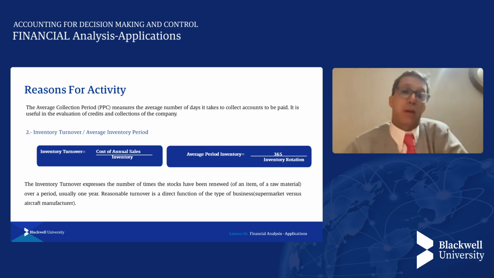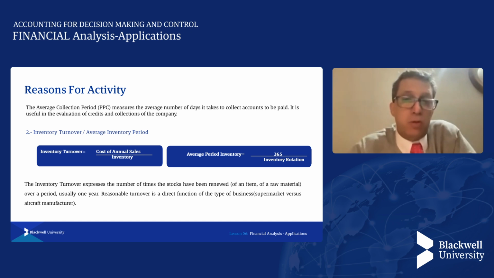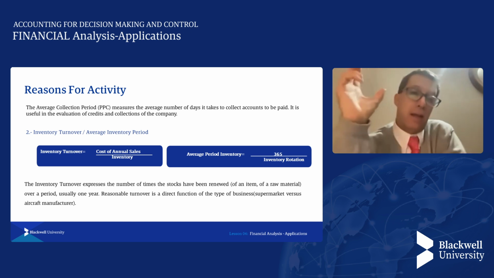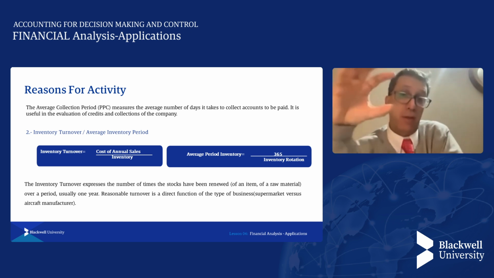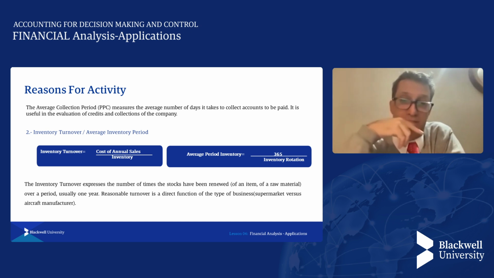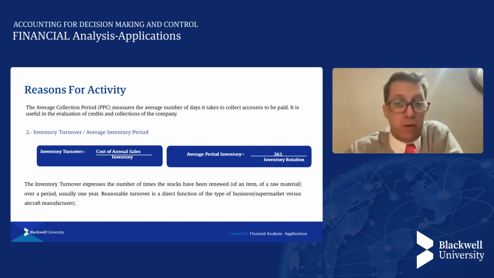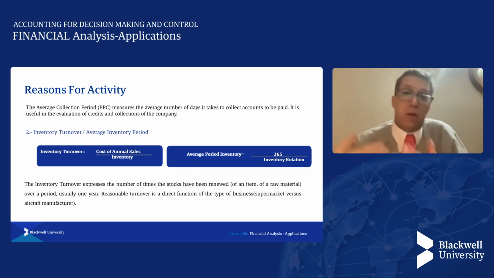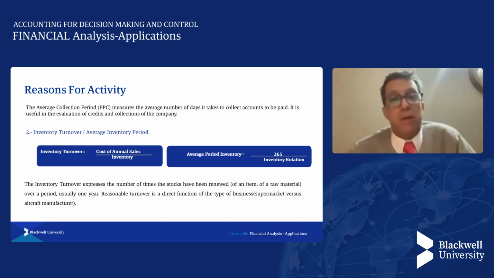On another note, something similar applies to inventories. I can calculate the inventory turnover, which is calculated as the annual cost of sales divided by the average value of inventories. Or you could also calculate an average inventory period, which is 365 days divided by the turnover. It also tells me how effective I am in managing my inventory.